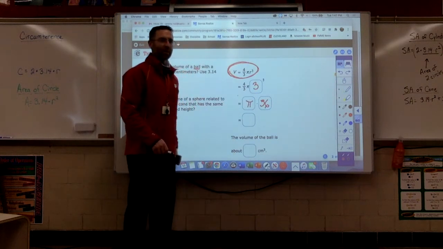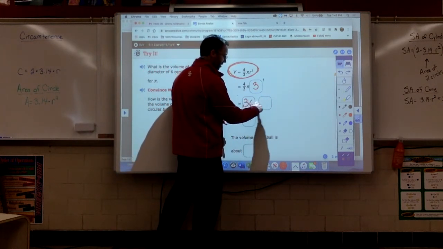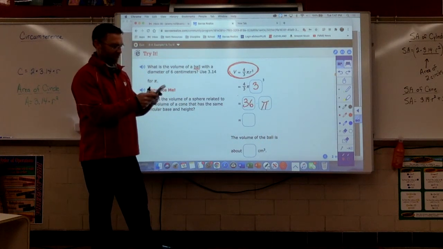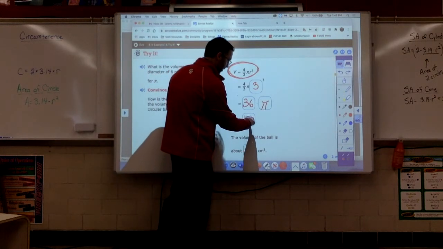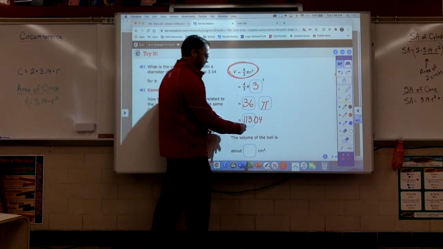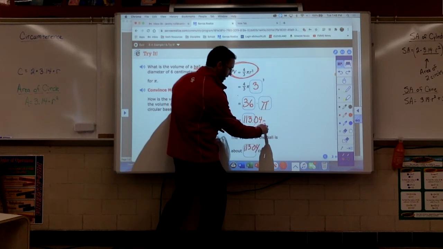Now, some of you may not like it like that. Let's put pi in the second box. Make this 36 pi. For the approximate value, take 36 times 3.14, and there it is. The volume of that sphere, 113.04 cubic centimeters.